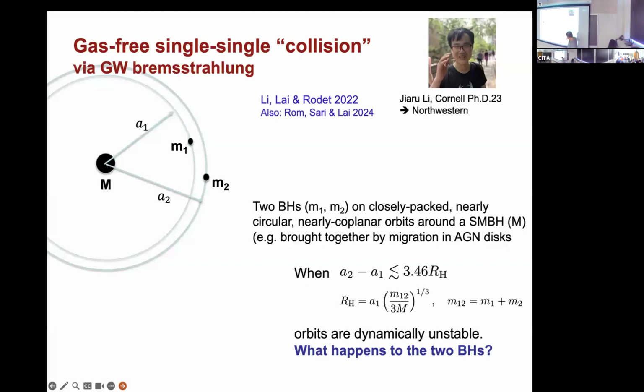The Hill radius is basically the radius within which the mutual gravity is greater than the tidal gravity from the supermassive black hole. This is well known from planetary dynamics. So the question is, what's going to happen to the little black holes? That's a well-defined question.